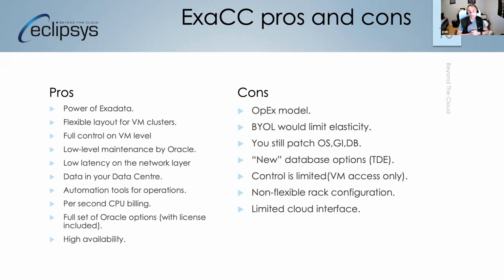And limited cloud interface. What I mean by limited is you have only a few options so far of what you can do from the cloud interface. But as I said, it is in active development and it is gaining the same level as Oracle Exadata Cloud Service. I believe it will soon be the same level of performance and service.